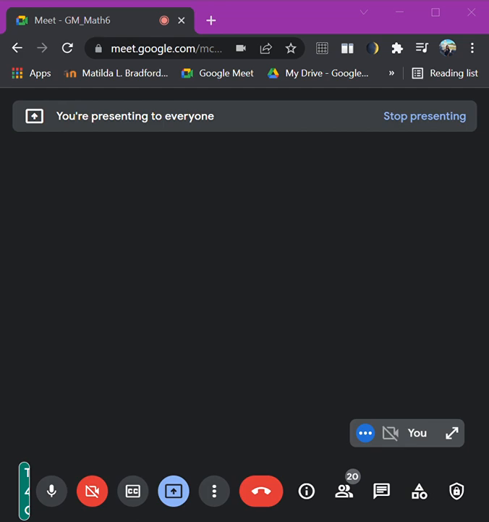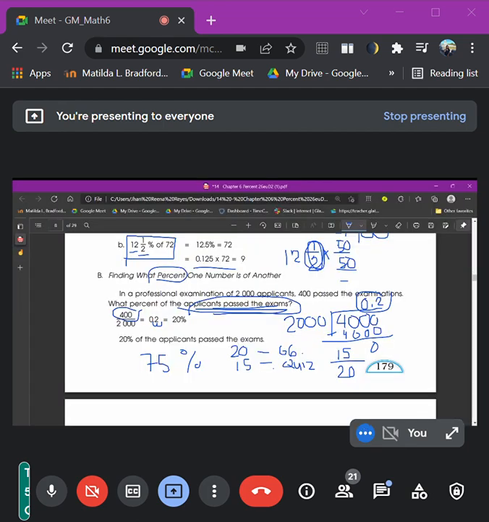Divide 15 over 20, how much? 0.75, or in percent, since I am looking for the percent, that is 75%. So, meaning to say, 75% of grade 6 submitted.